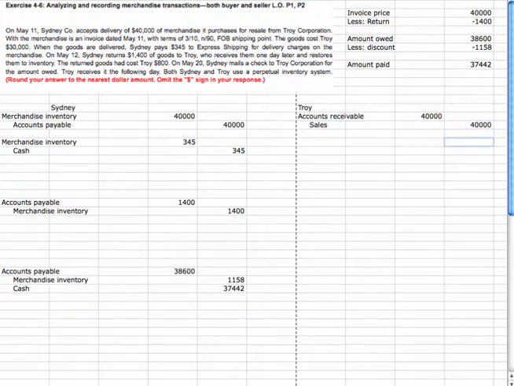Now remember, because they're doing the perpetual inventory method, we have to recognize the cost of goods sold at the same time as the sale. So what we're going to have to do is increase the expense account called cost of goods sold. And the cost of our sales here, as it tells us, was $30,000. So we're going to increase our expense by $30,000, and then we're going to reduce our merchandise inventory because we sold out our inventory by the $30,000.